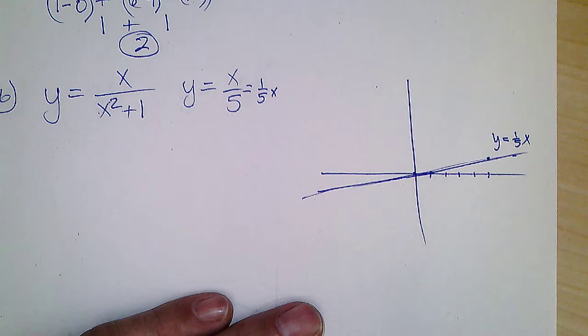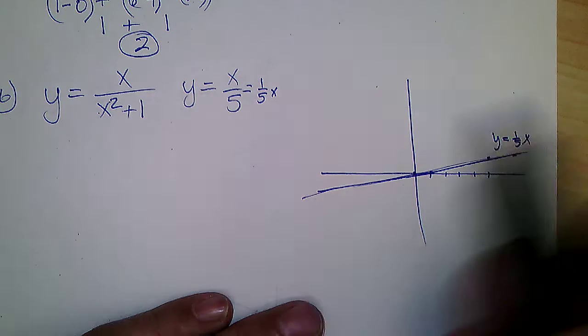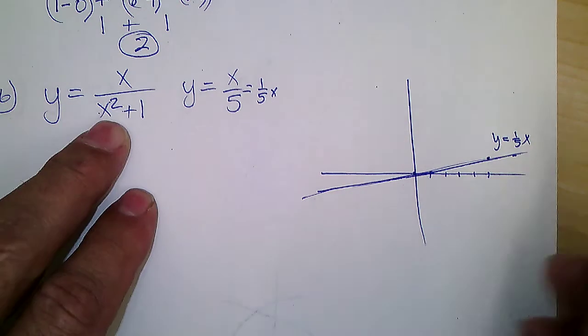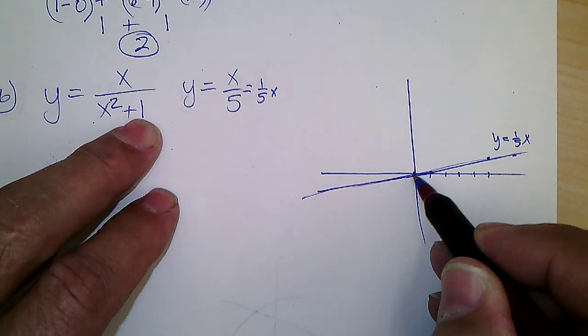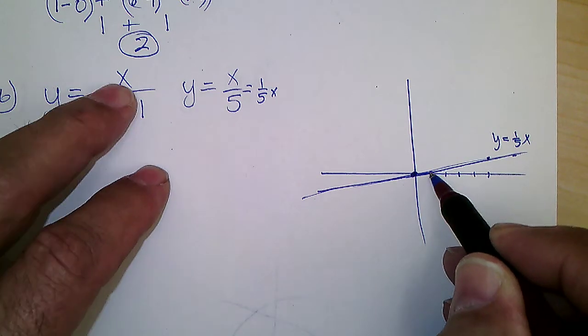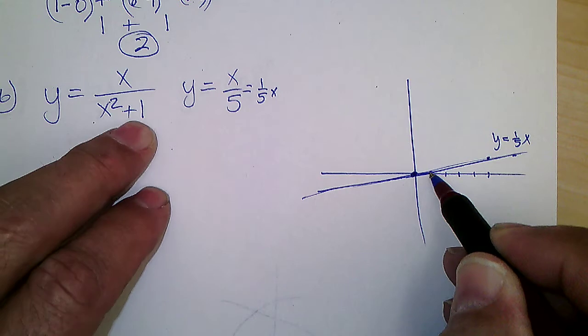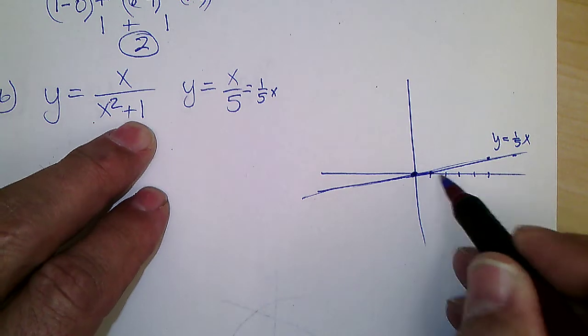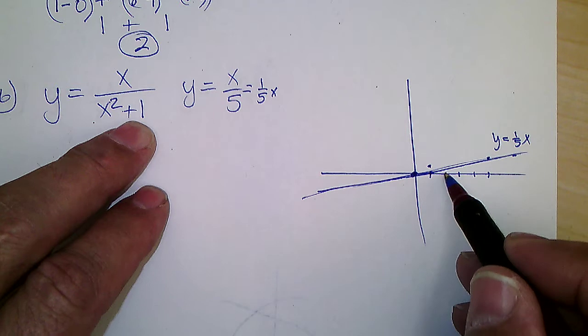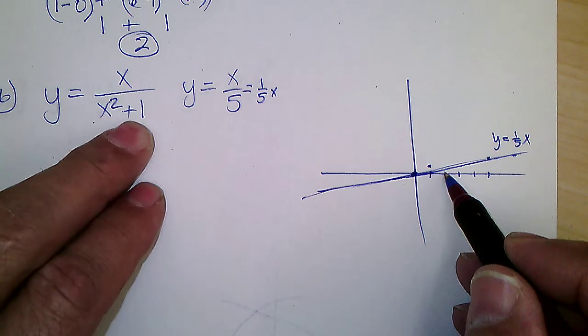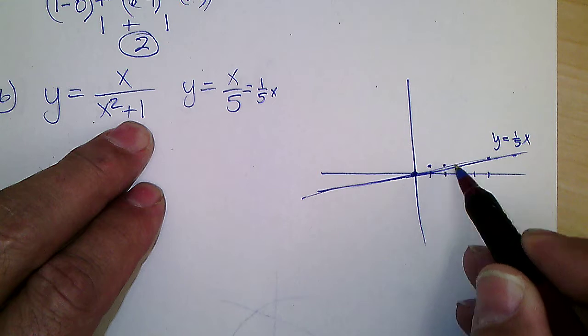And this one, well, if I put in 0, I get 0 over 1, which is 0. If I put in 1, I get 1 over 2, which is a half. And if I put in 2, I get 2 over 5, which is 2/5.